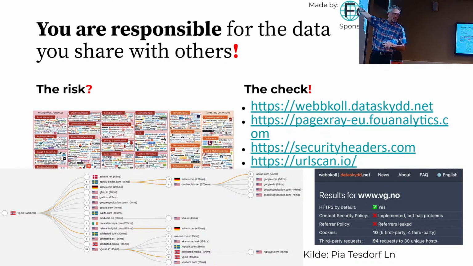Some of them will show it doesn't go anywhere, it only stays on your pages, and everything is hunky-dory and absolutely green. And others are full of leaks. And these are in the presentation, so you can use them when you download the presentation later.